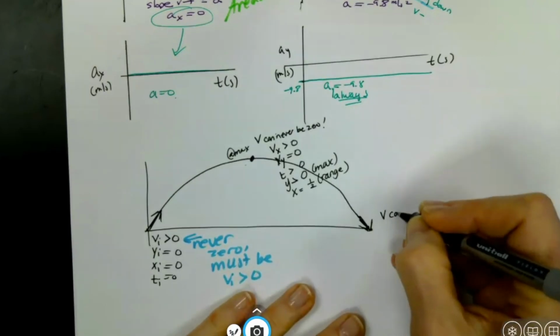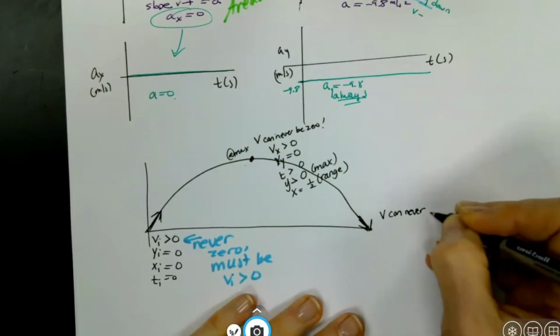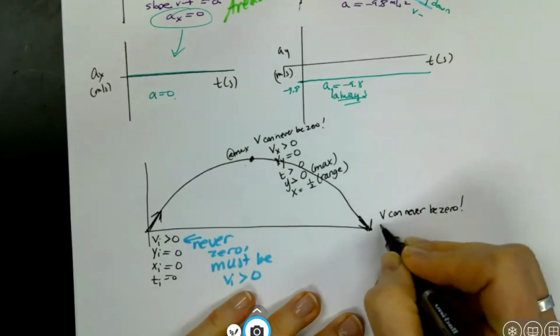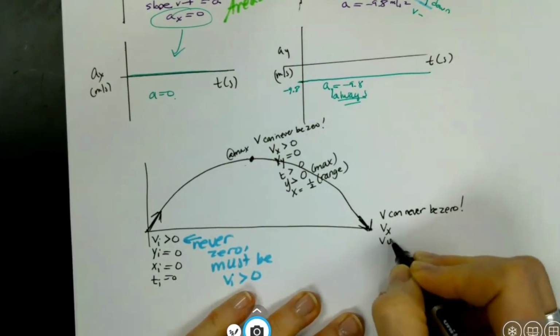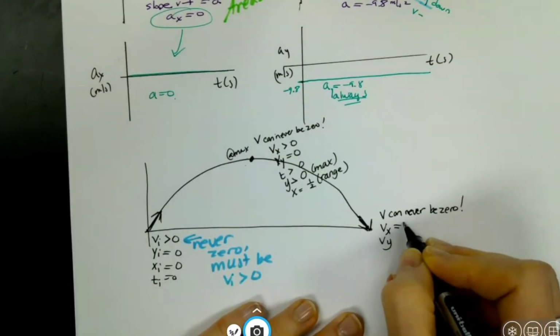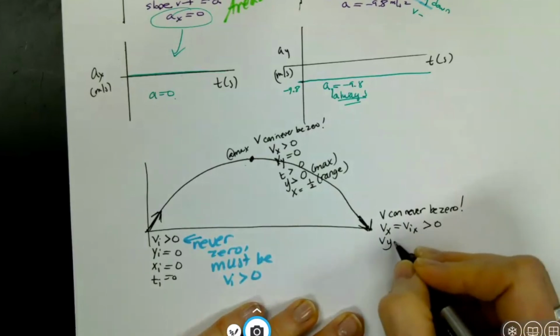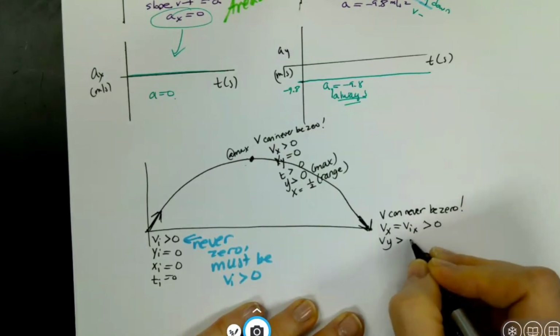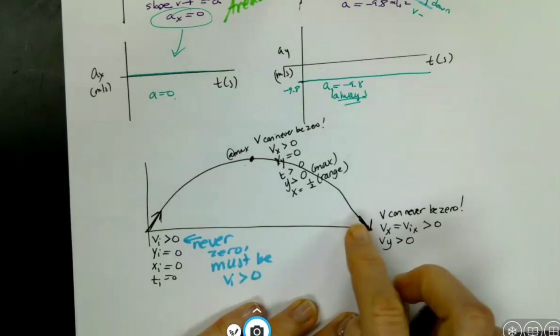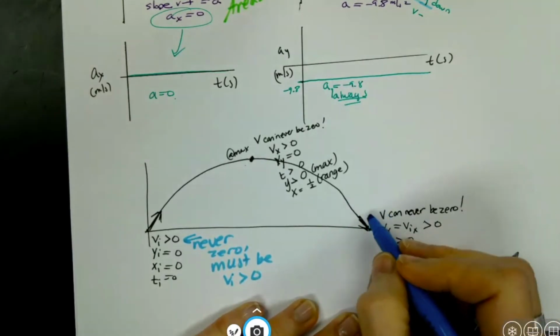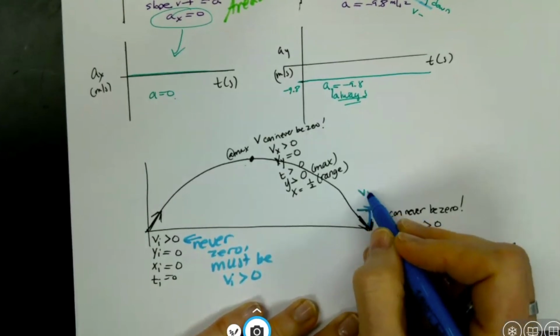V, again, can never be 0 because we have not hit the ground yet. You have to have a Vx and a Vy. Vx here is equal to your V initial x, right? It's always going to be greater than 0. Vy here is going to be greater than 0. It's got a downward trajectory there. You've got a V, you've got two components, right? Vx and Vy.